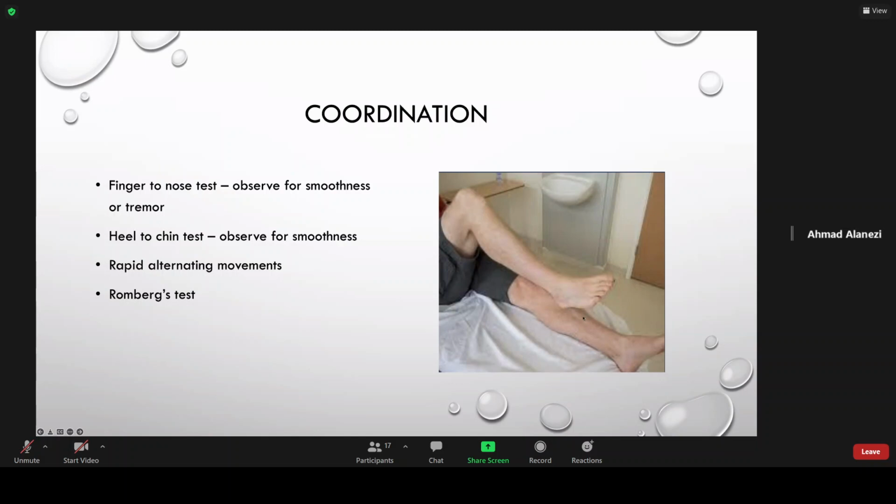This is the heel and this is the shin. You ask the patient to slide his heel against the shin and see if he's able to do that or not. And then there is something called rapid alternating movement. What is that, guys, rapid alternating movement?